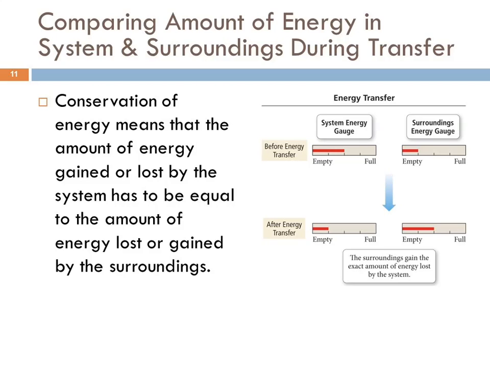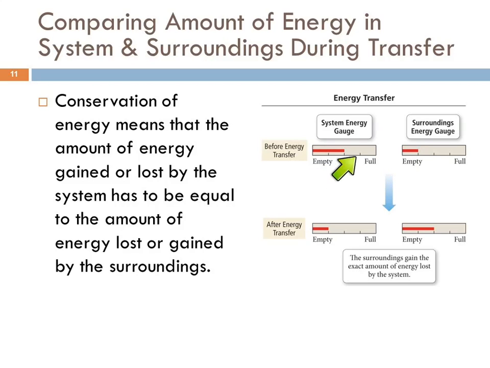So in terms of system and surroundings, we talk about conservation of energy, meaning that whatever is gained or lost by the system has to be equal and opposite of what is gained or lost by the surroundings. So here, if we have a little energy meter, here's our system energy gauge, and it's half full. The surroundings are a quarter full.